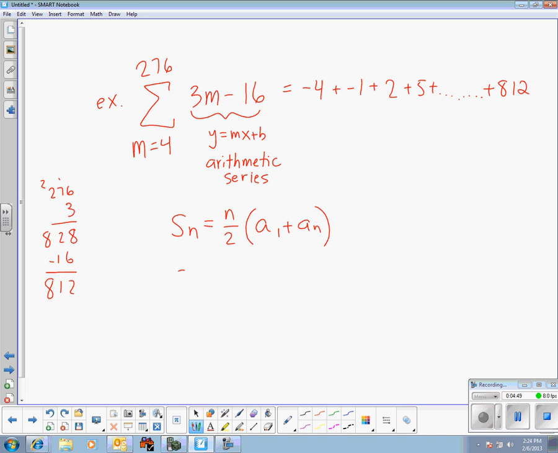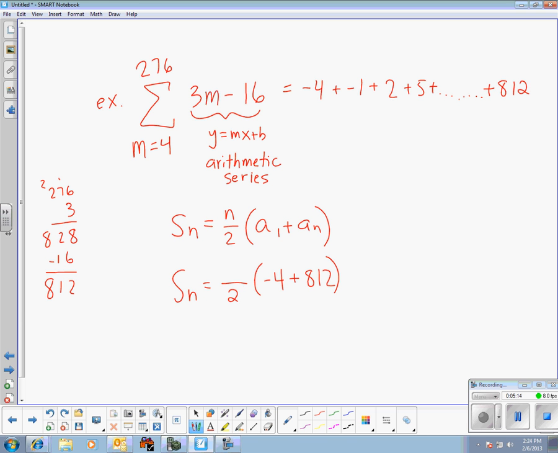So if I'm filling in, I'm looking for the sum. If I had started at 1 and gone from 1 to 276, then that would be 276 terms, and my n would be 276. But I didn't start at 1, I started at 4. So this can be a little misleading. All the time I say, how many numbers are there between 4 and 276, or how many numbers are there in this series?